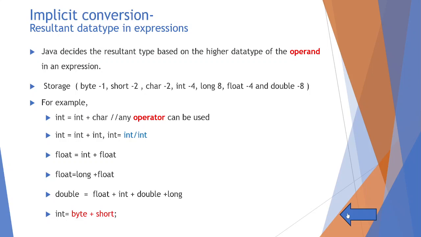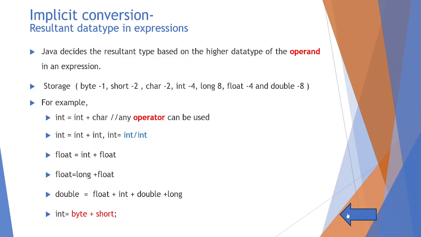Now, int plus char in the expression: the operands' data types, one is int, the second one is char. Then Java decides, okay, int is 4 bytes, char is 2 bytes, so I'll give the answer in int data type. Then int plus int, the second one, gives an integer.